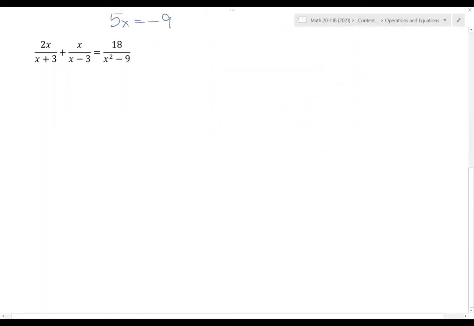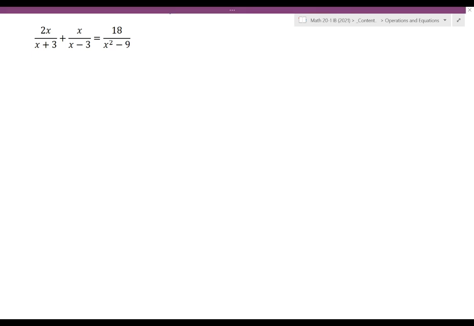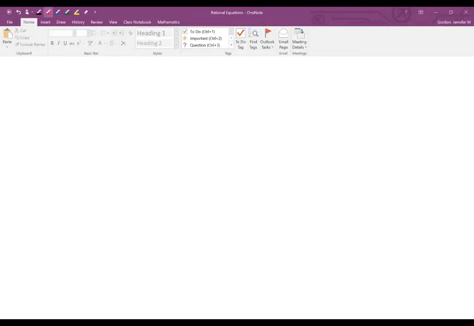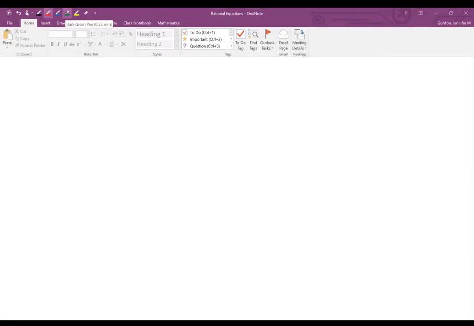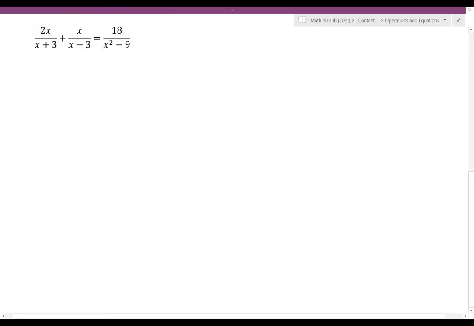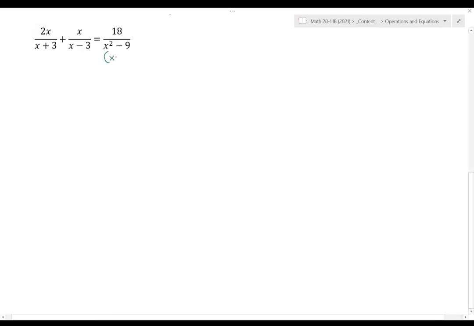And finally, let's look at one where we have something a little more complicated. This is an example where I definitely don't just want to use my lowest common denominator as the product of all three of these denominators, because that would end up giving me an equation of a higher degree than necessary that's going to be much harder to solve than I need. So what I want to do is start by factoring any denominators that are factorable.